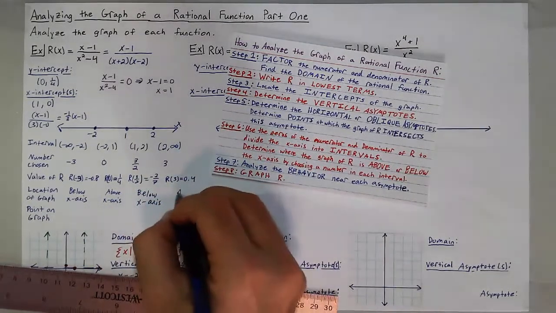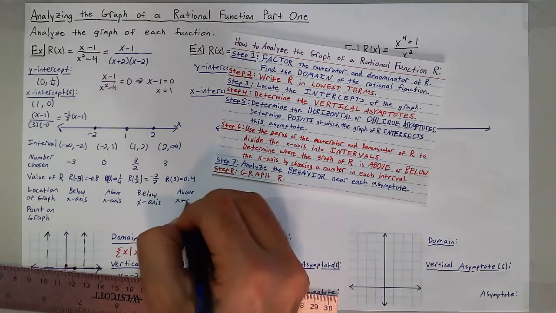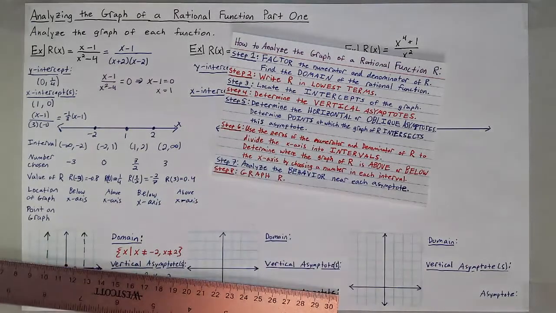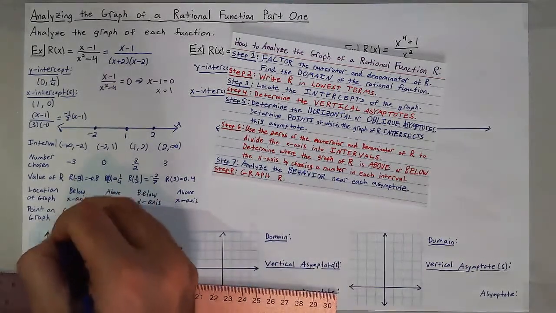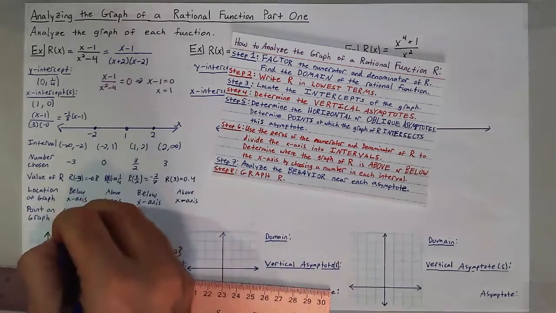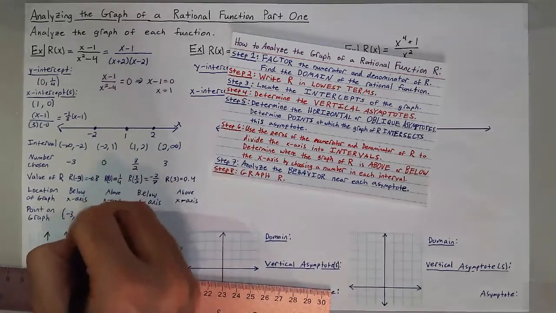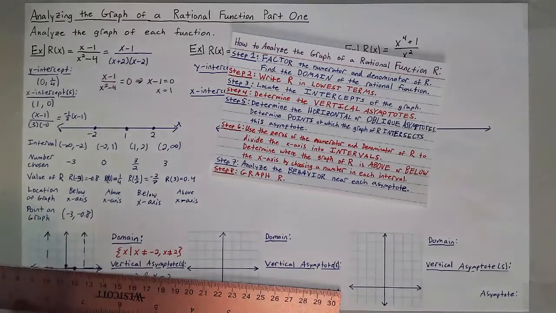Positive is above the x-axis. So knowing this, when I go to draw later on, when I plot the points here, -3 for x and -0.8 for y, I'll know that the entire graph will stay below the x-axis the entire time for that interval.